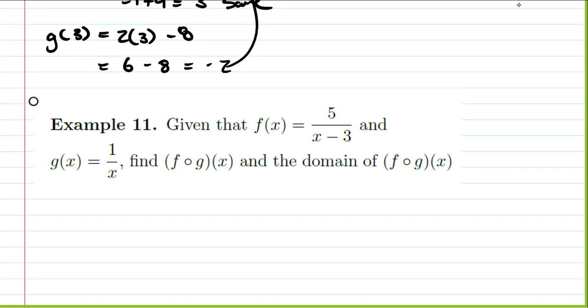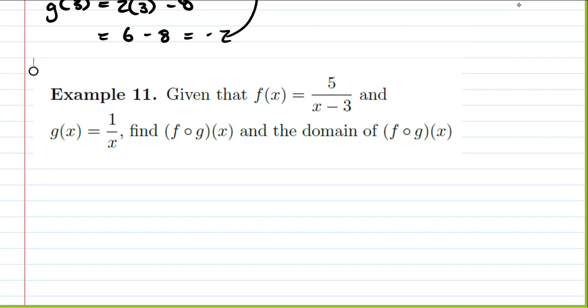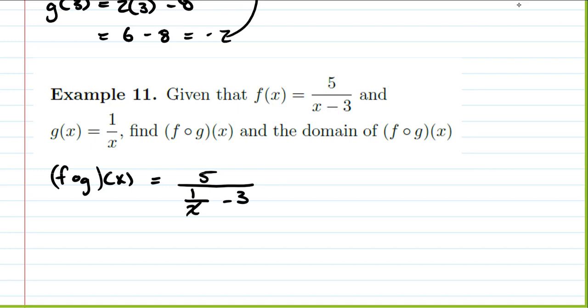So we've been doing the f circle g part, but we're going to have to do a little bit more work with our domain. So let's start with f circle g. We're putting g into f, so that gives us 5 over 1 over x, take away 3.